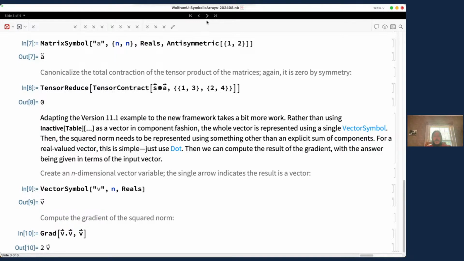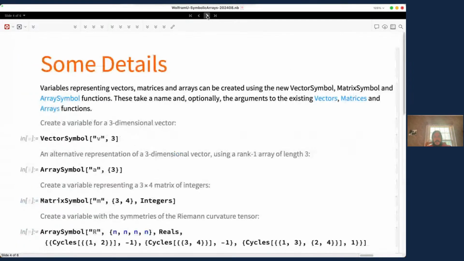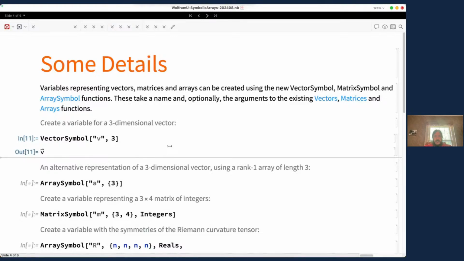So there's some basic examples. So let's delve a little bit into the details. So we have vector symbol, matrix symbol, and array symbol. These take a name and optionally the arguments to the existing vectors, matrices, and arrays functions. So here's a three-dimensional vector.